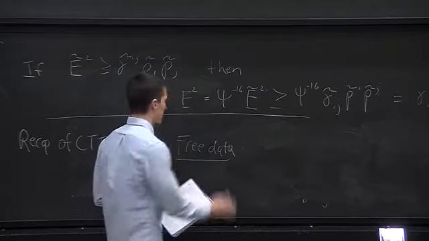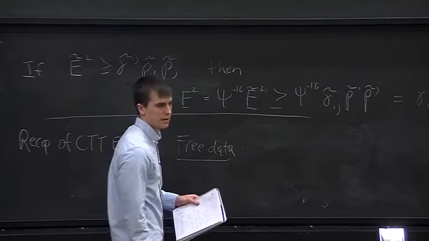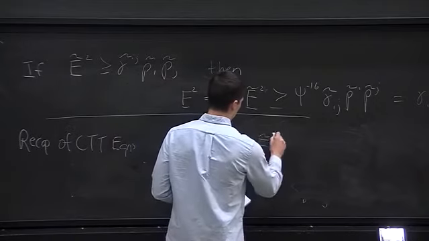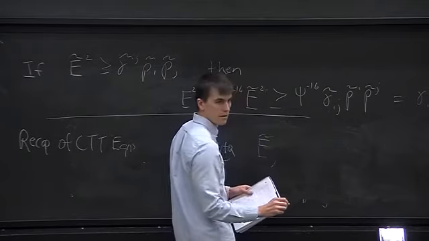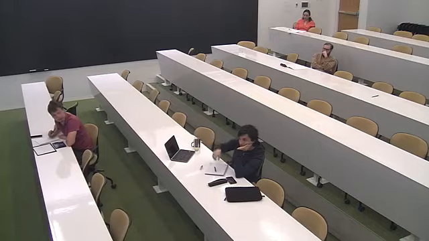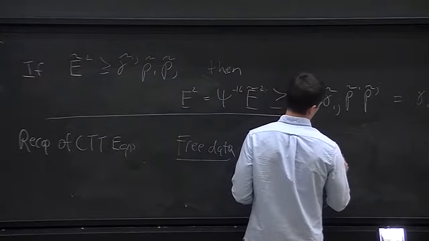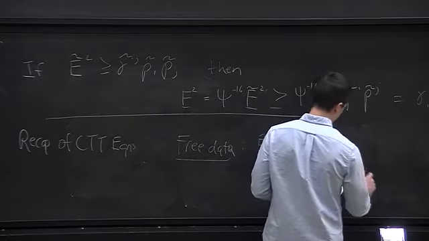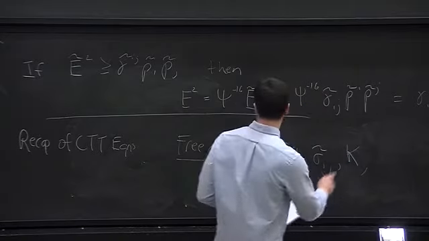So what is the free data for this conformal transverse traceless decomposition? The energy. The conformal scaled energy. Well, the beta, also the momentum, the conformal beta. Yeah. What else? The conformal metric. Yep. The K. Yep. Yeah, and one more thing. Is that all? The X? No, so X is constrained data, right?